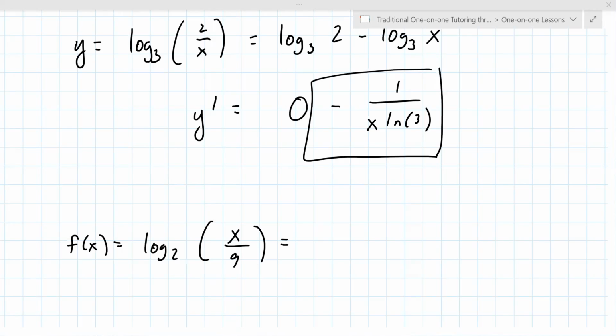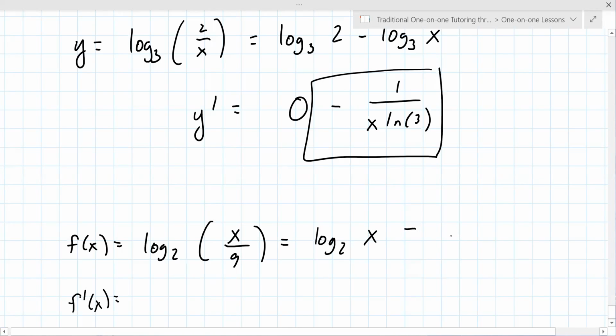How do I simplify it? So you break it apart as log base 2 of x minus log base 2 of 9. Do you follow that? Okay.